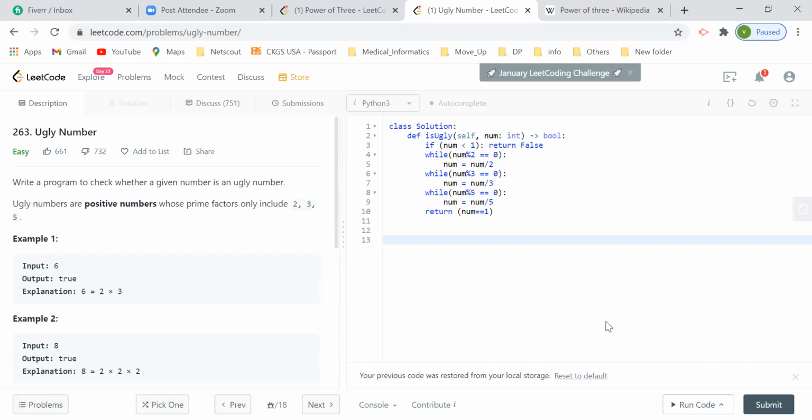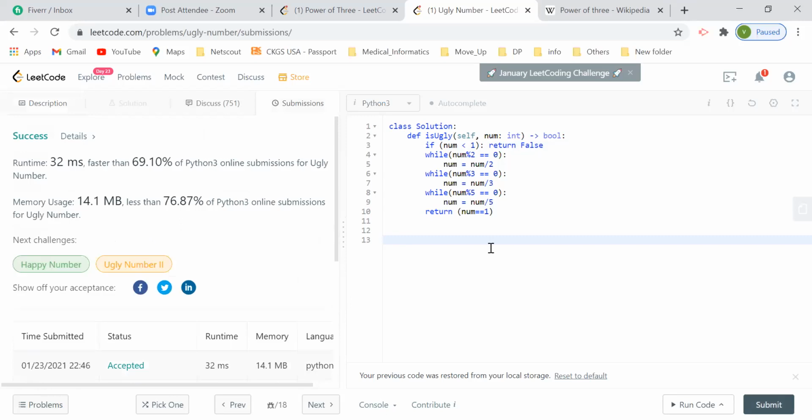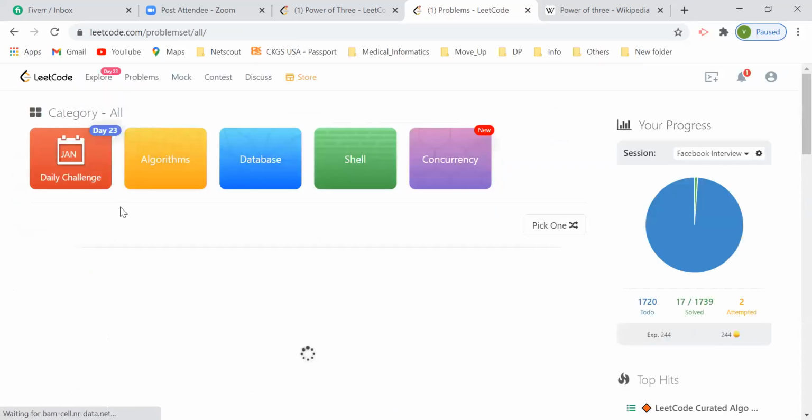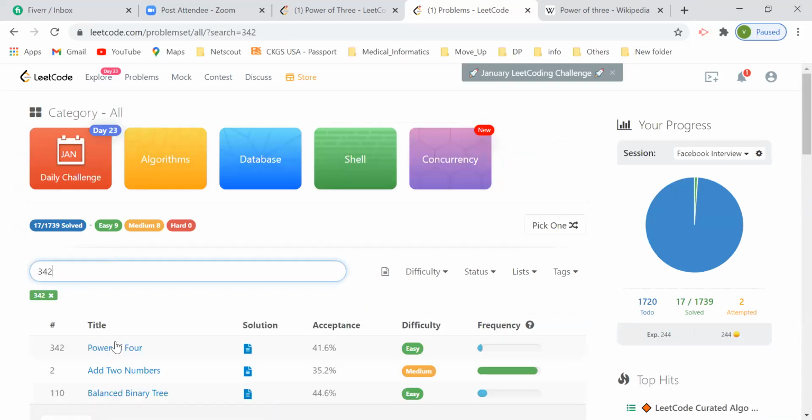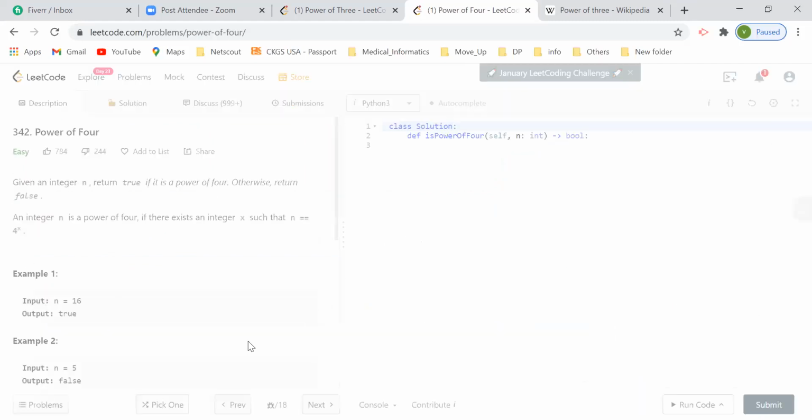Okay, so the next question is a similar one. Let me take a look. Question 342. Okay, this is power of 2, right? It's a similar one, power of 4.